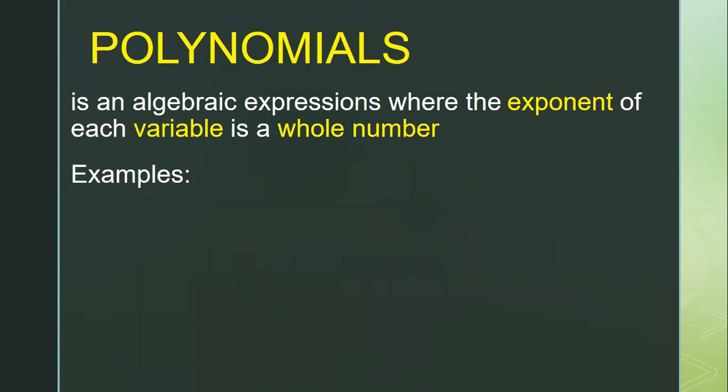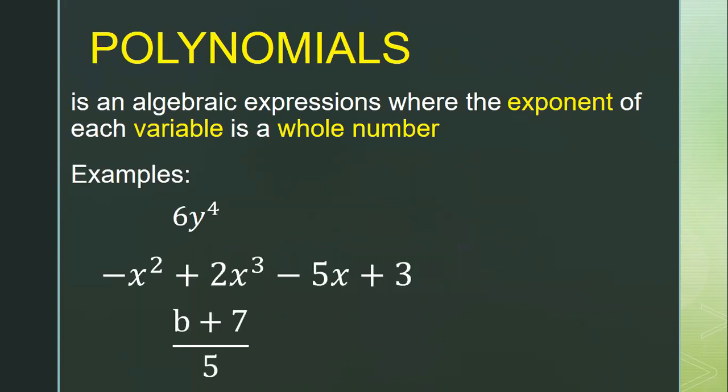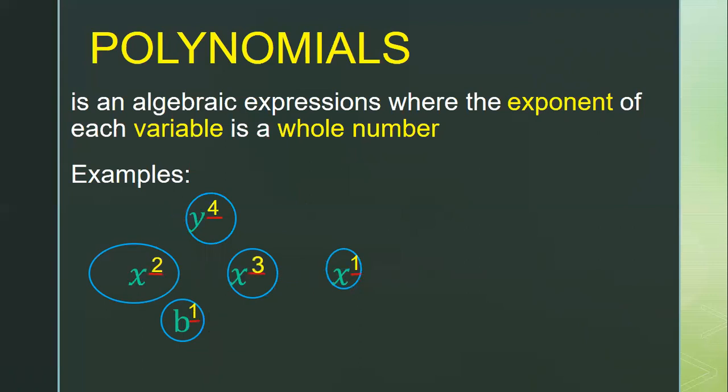For example, you will notice the exponent of each variable is a whole number. Again, the exponent of each variable must be a whole number to be considered as an algebraic expression that is a polynomial.